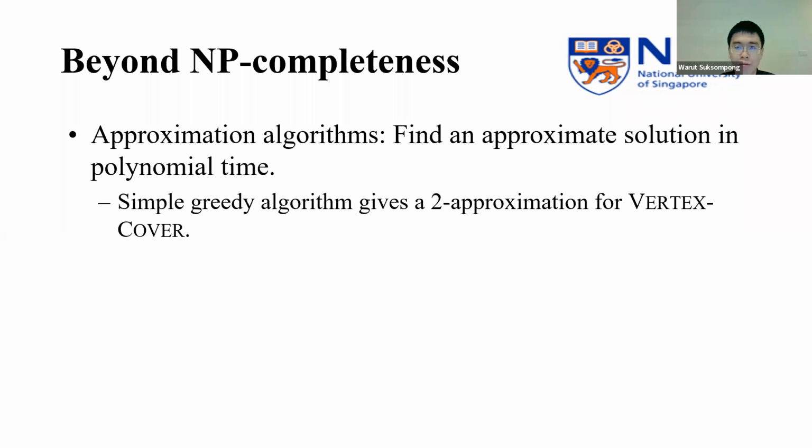You give up something in terms of optimality, but in return you get a polytime algorithm. There's a huge literature, one whole area of computer science, on approximation algorithms, finding them for different problems.